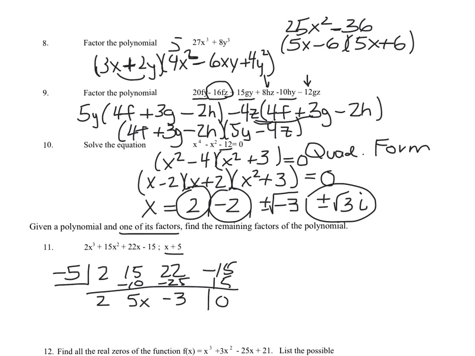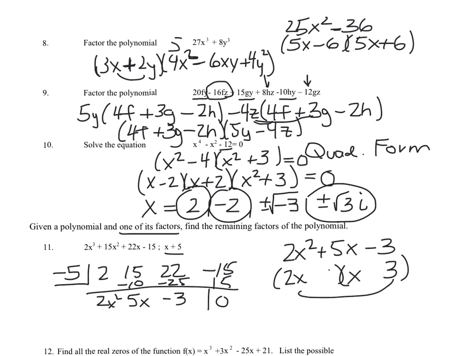The remaining factor then is this quadratic, 2x squared plus 5x minus 3, which hopefully factors. I'd have 2x and x. 3 gives me 6x, this gives me 1x. I need to have a positive 5x, so that needs to be positive. And those would be my remaining factors of this polynomial.